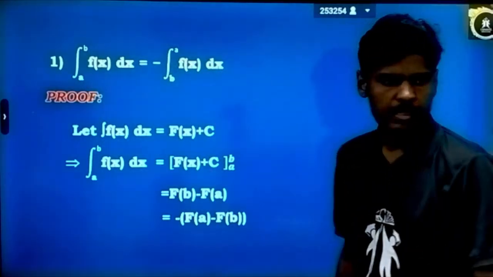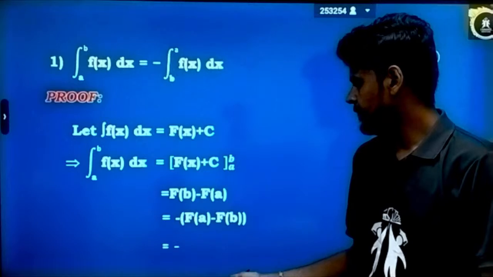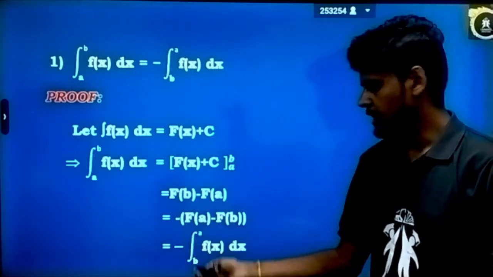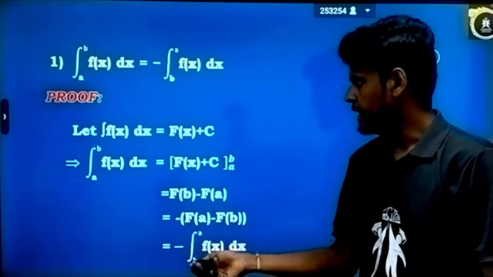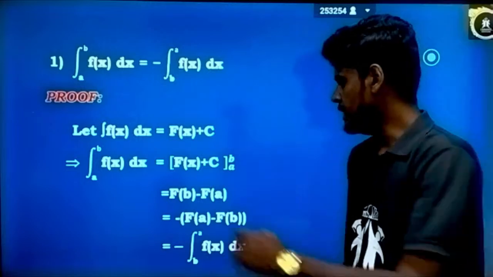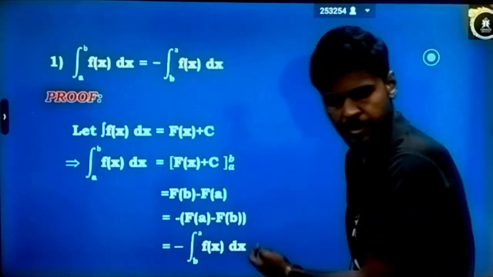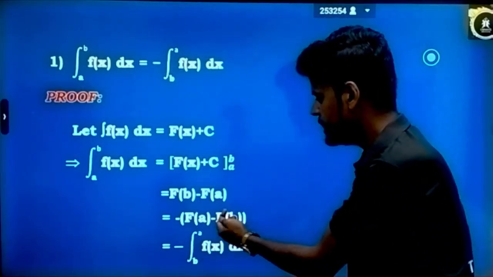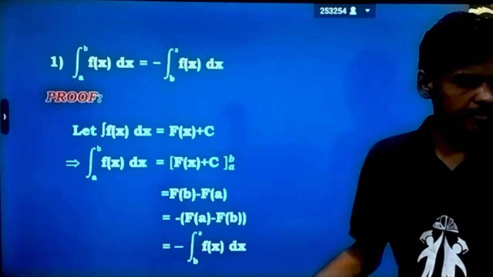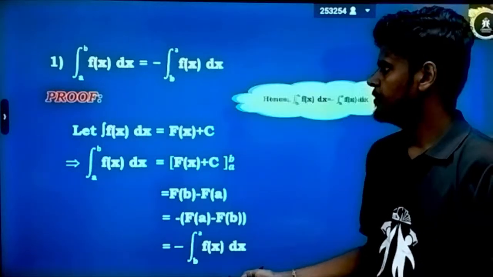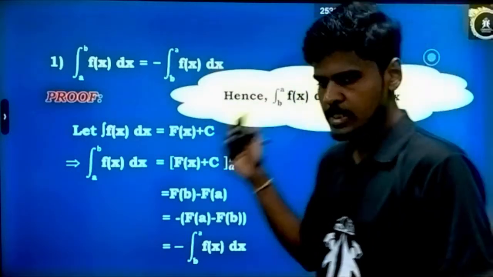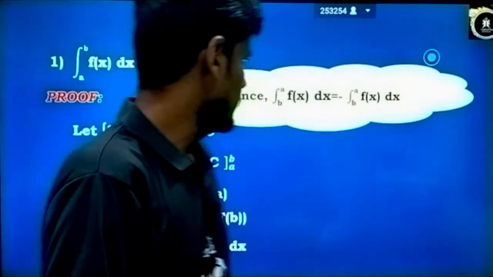The final answer is minus integral b to a, that is, we change the limit. We first apply the upper limit, capital F of a, minus the lower limit, capital F of b. So this is the first property.